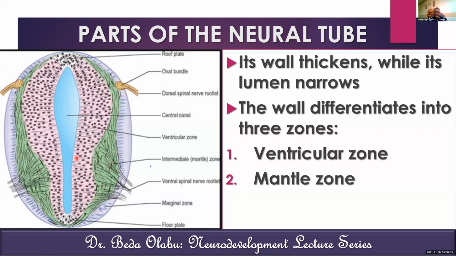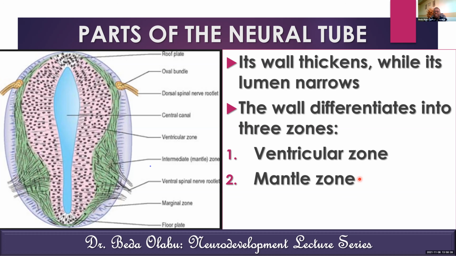Right. The second zone is the mantle zone. You can call it the intermediate zone. This zone contains cell bodies of neurons and neuroblasts. This zone will give rise to the gray matter of the central nervous system, either spinal cord, brainstem, cerebrum, whichever.